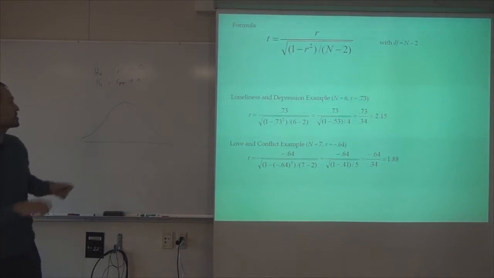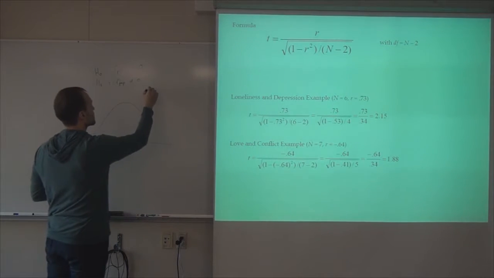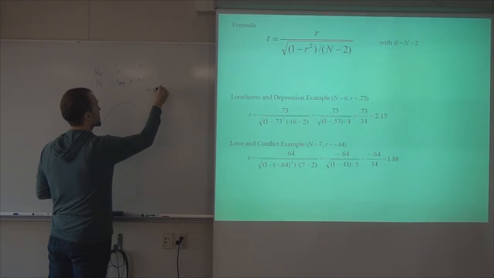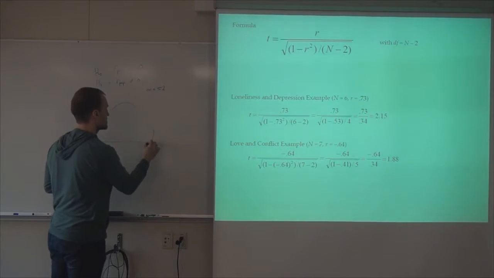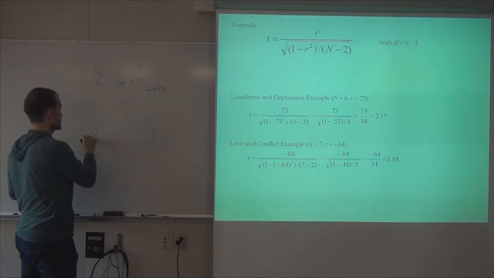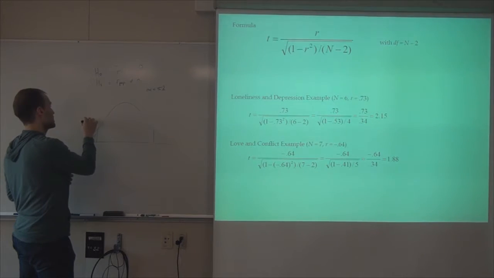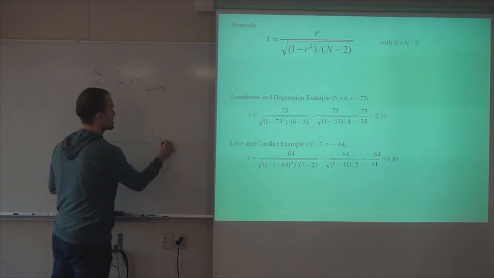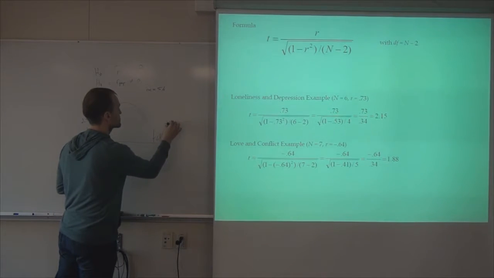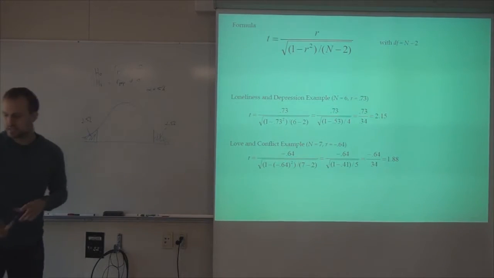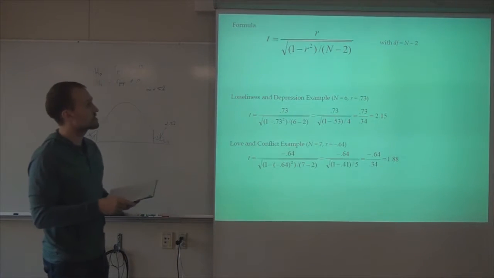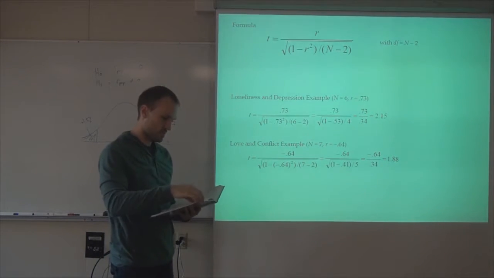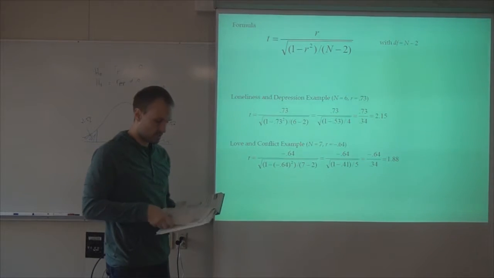Where is my cutoff for, let's say, an alpha of 5%? A two-tailed test would be 2.5% in each tail. What t-score am I looking for? Degrees of freedom 4, so let's go to my table.